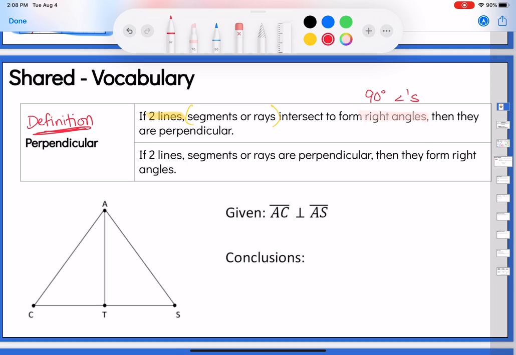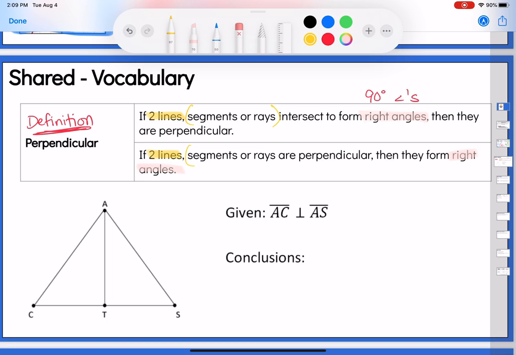Okay, so the original says if two lines form right angles, then they're perpendicular. The converse then says if two lines are perpendicular, then they form right angles. So you notice there's the converse. We talked a little bit about that back in chapter 1.